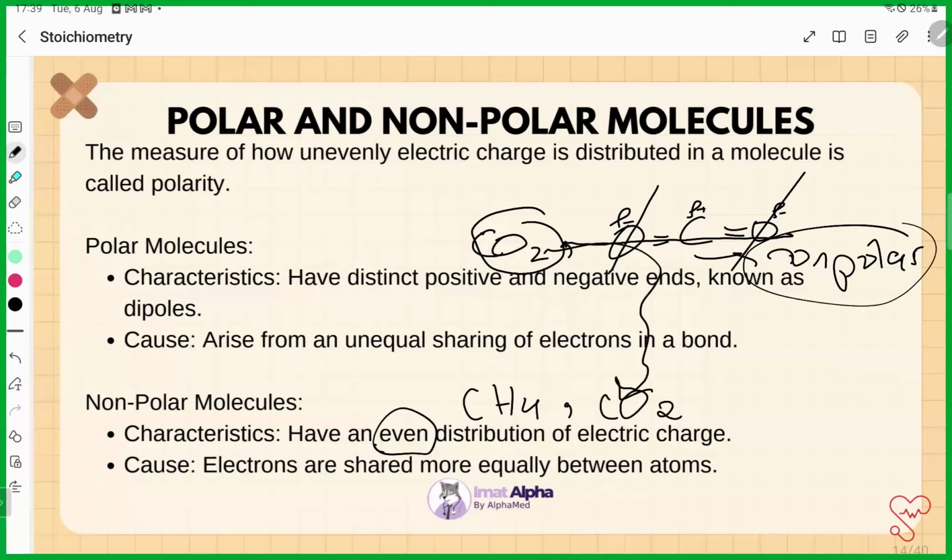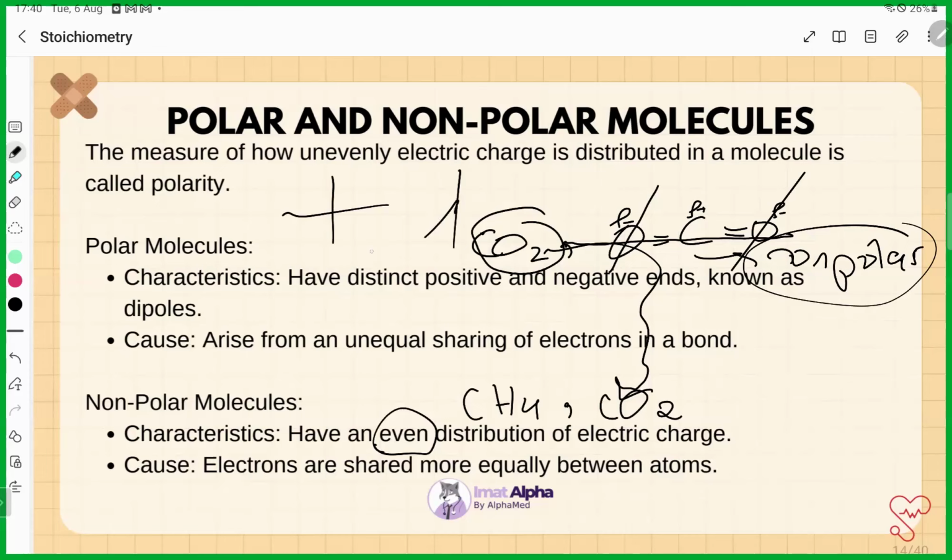So it does depend on the electronegativity difference, but only up to a limit. There are some exceptions like CO2, and you should always know how to deal with them, because when you draw the Lewis symbol of a molecule, you might see it is symmetrical, tetrahedral, or trigonal planar.